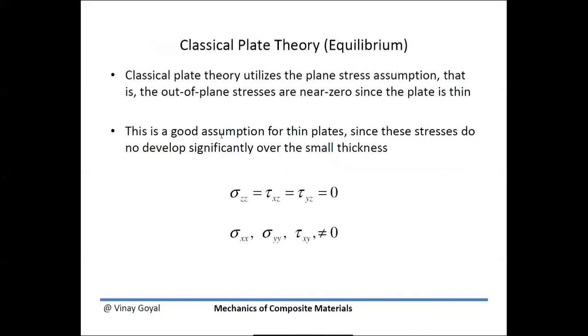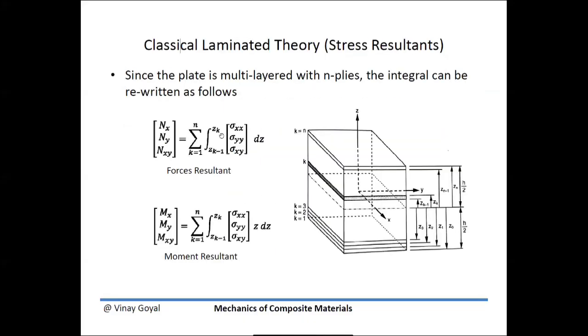So in classical plate theory, now that I came to this conclusion, I found the 6 stress resultants. These are the 3 force resultants and 3 moment resultants for a 2D plate. We have come up with the strain relationships for a plate, where the deflections are only dependent on the XY position at the mid surface.